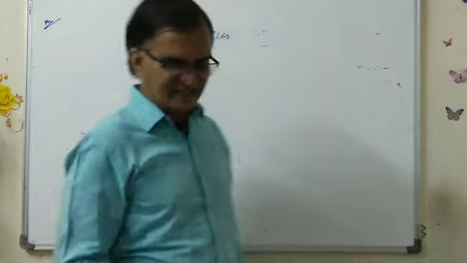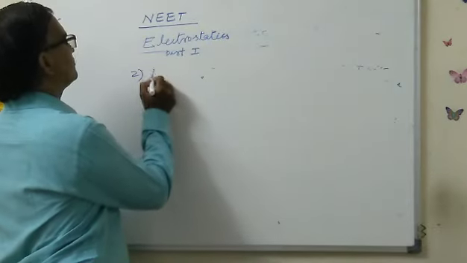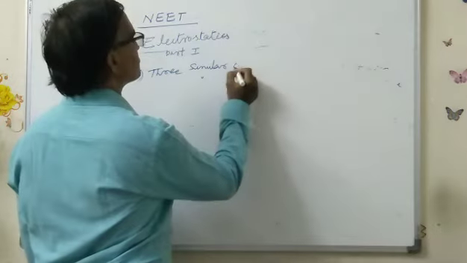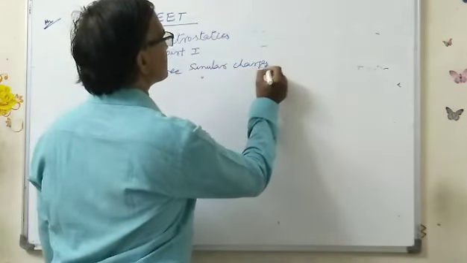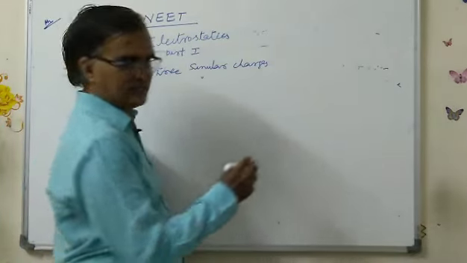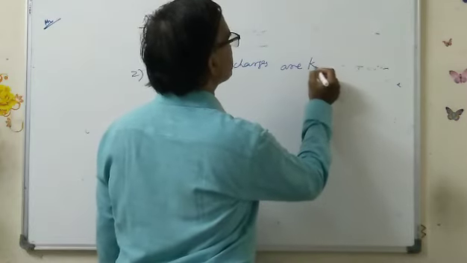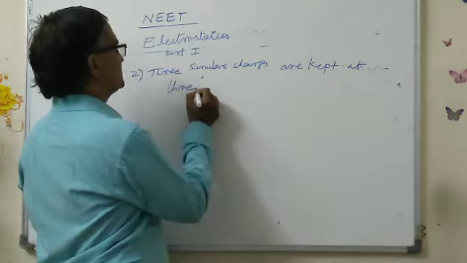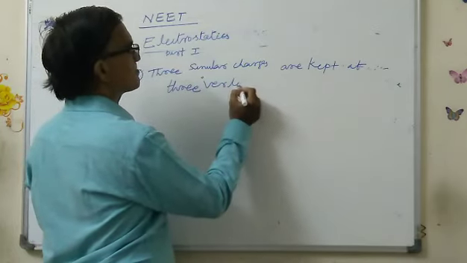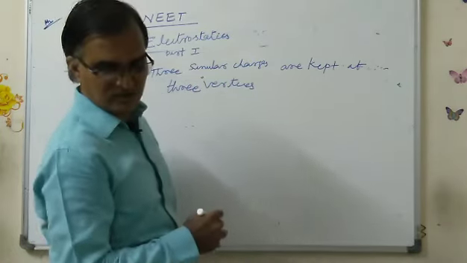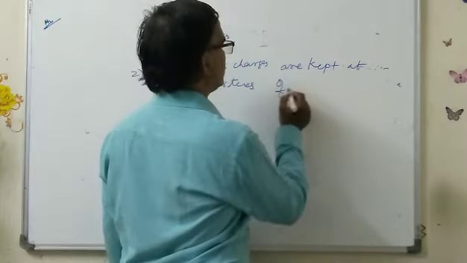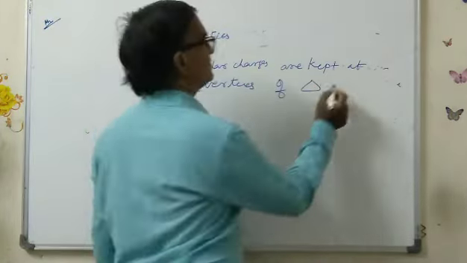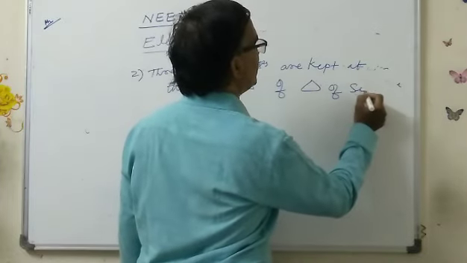Now here, second problem. Three similar charges are kept at three vertices of an equilateral triangle of side 1 meter.